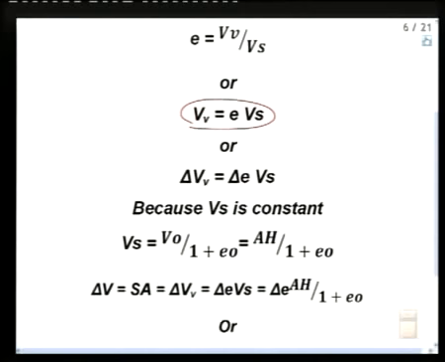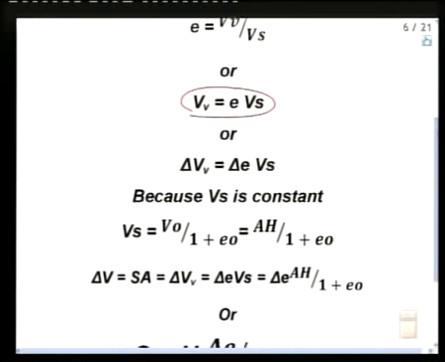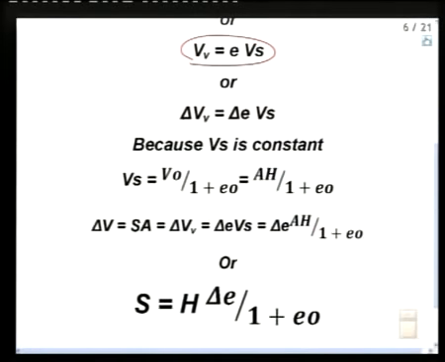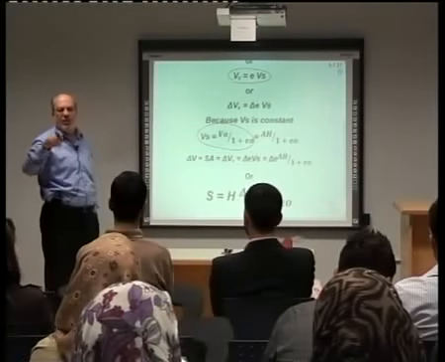Now, let us write it a different way. Vs, the volume of solids, will be, and take this on trust, the volume V naught divided by 1 plus e naught, where e naught is the initial void ratio at the beginning.